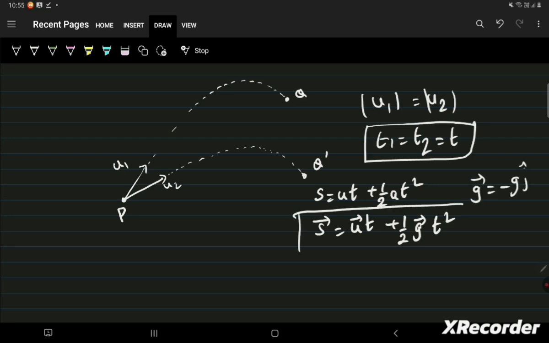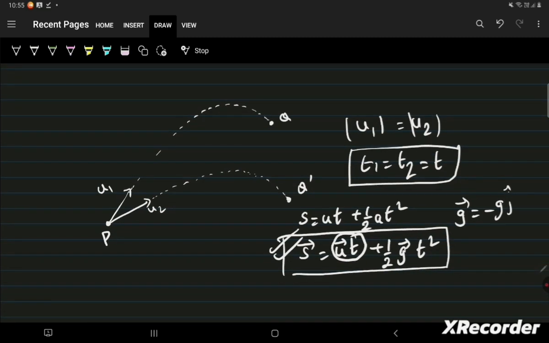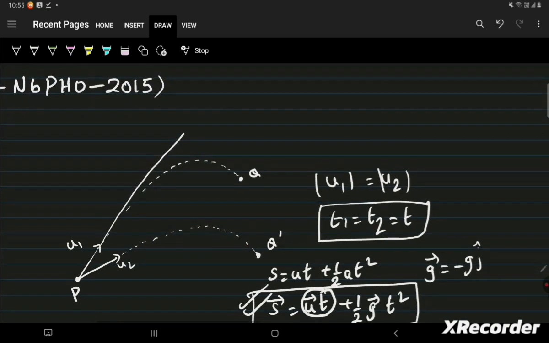This is the core formula required in the problem. This u vector t is nothing but this one. This whole is u1 t vector, and half g t square is this half g vector t square.